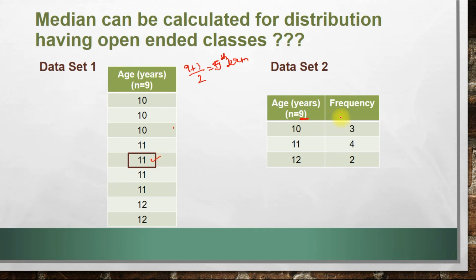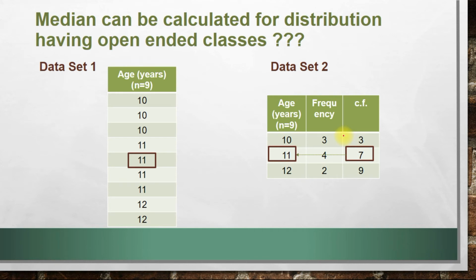Similarly, if we look at data set 2, here we have the data points and the frequency against each point. When we have data points and frequencies, there is a slightly different approach to calculate median. First of all, we have to compute the less than cumulative frequency.